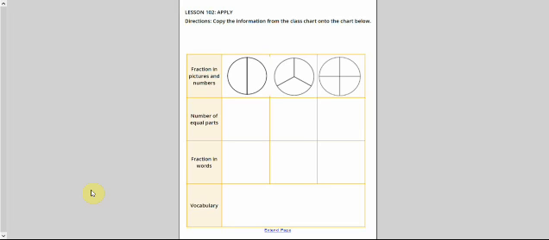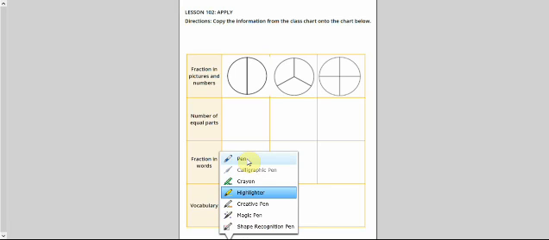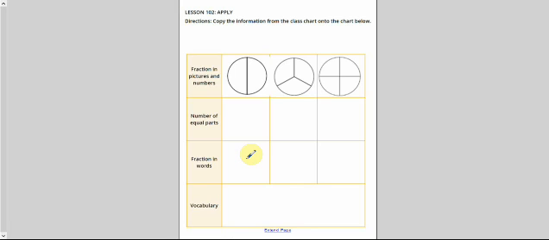I have in here 3 circles. In your book they are not divided, they are just 3 circles. Okay, we're going to divide them, the first one into 2 halves, the next one into 3 thirds, and the last one into 4 quarters. Okay, and now I'm going to write the data that you want from me.